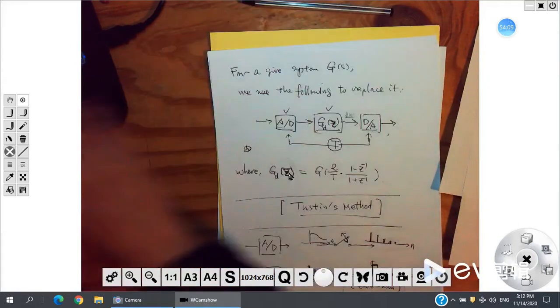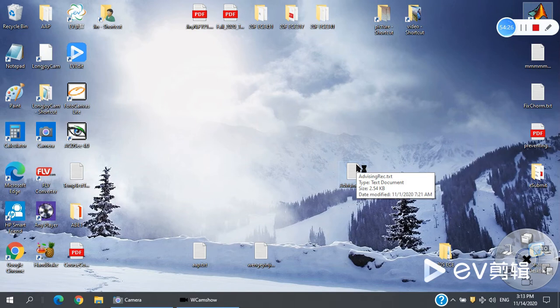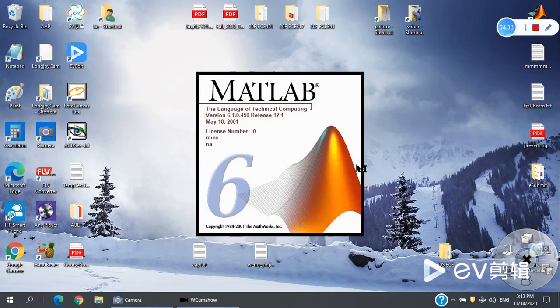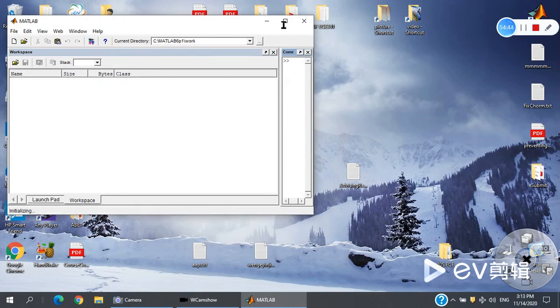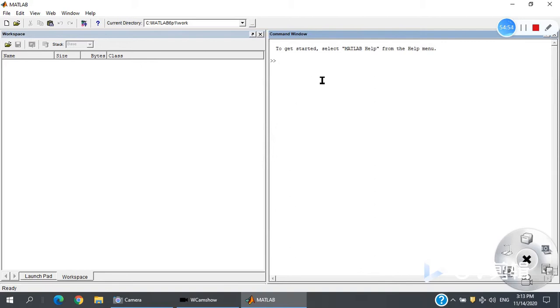I can use my MATLAB to run an example to see how it works. Let me write a file so I can save it.